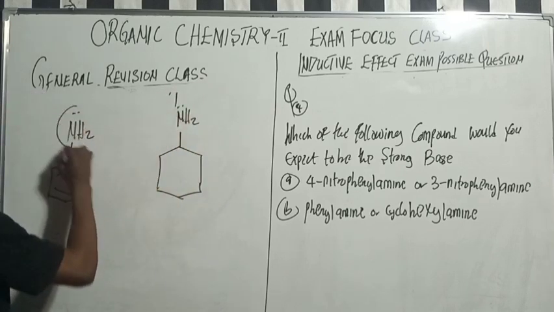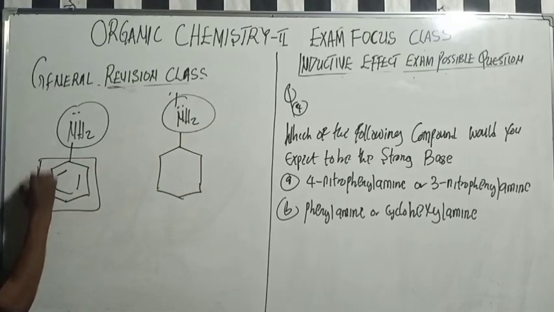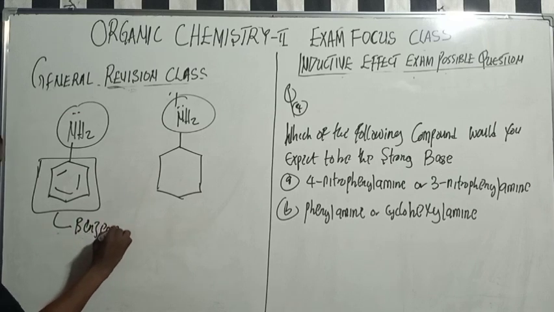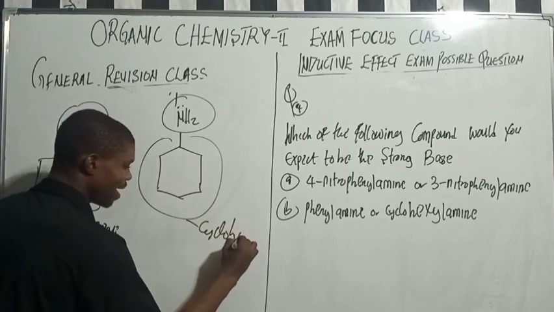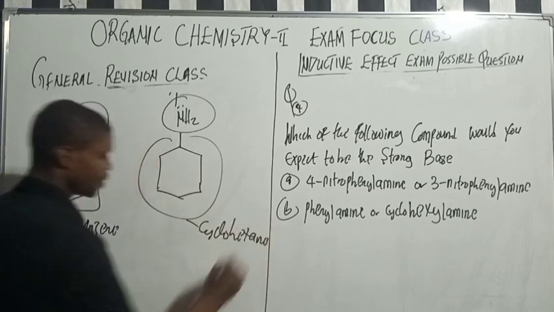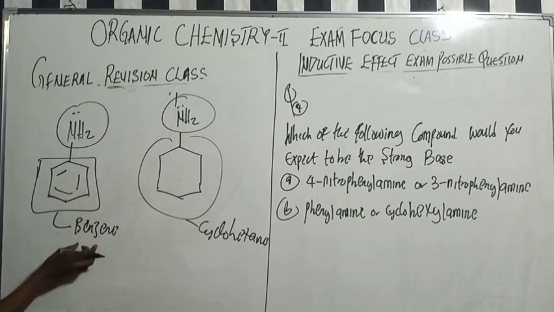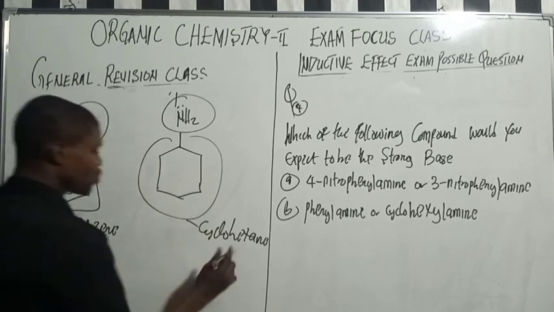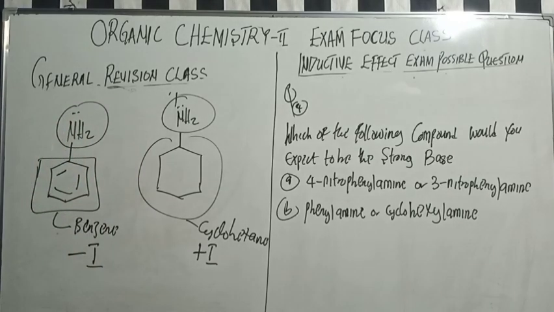They both have this group here, but the difference is this one is a benzene group, and here we have a cyclohexane group. Now what I want to say is that benzene is a minus I effect, and cyclohexane is a plus I effect. So the two are not the same.